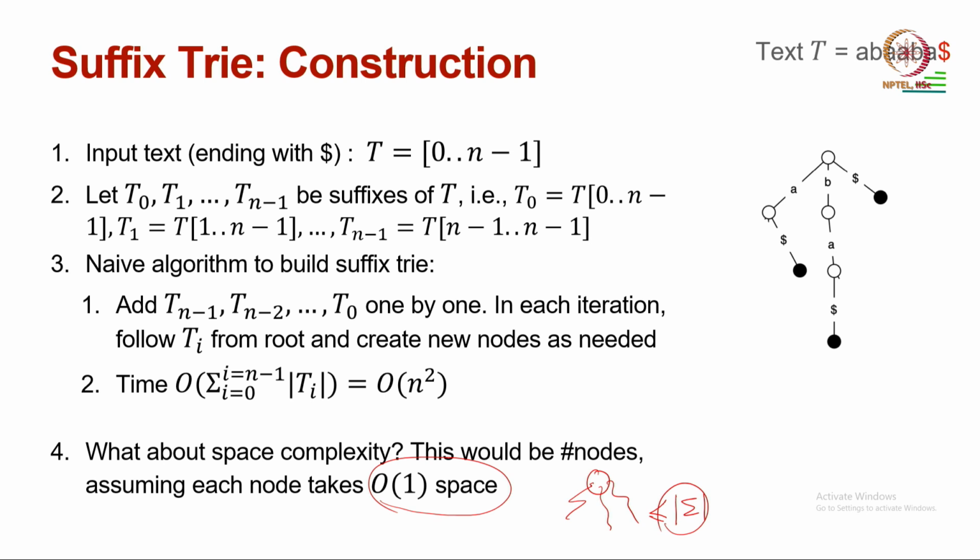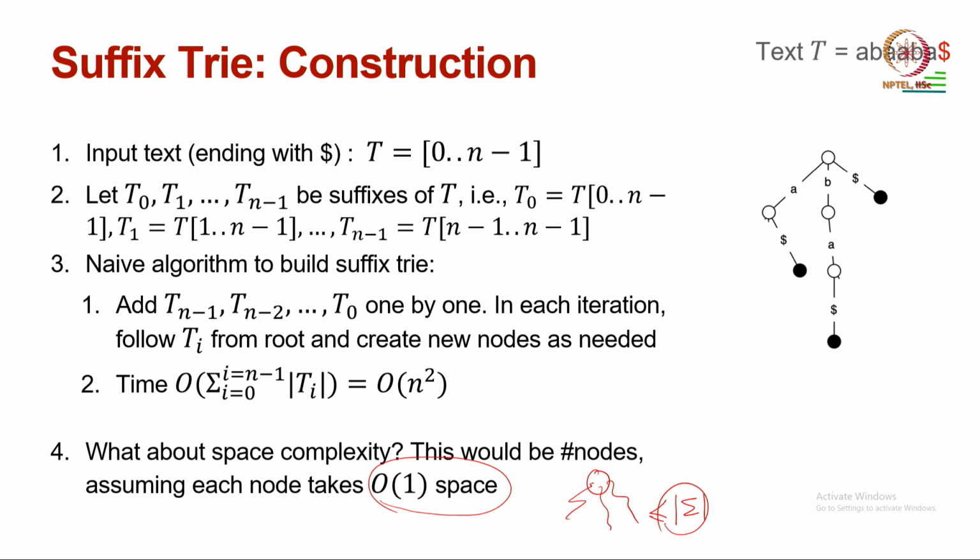Assuming that the alphabet is constant is a reasonable assumption, because typically we are working with small alphabet sizes. For example, in DNA we have an alphabet of size 4, in English text an alphabet of size 26, and so on. So we can make a safe assumption that the alphabet size is constant, and ignore the number of pointers that we need to store at each node.